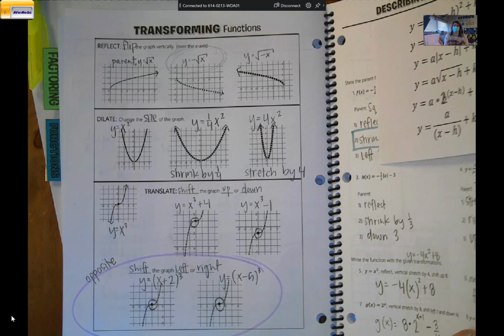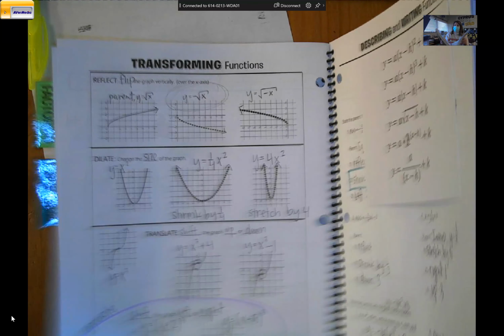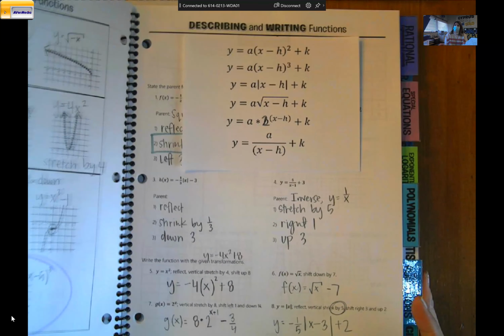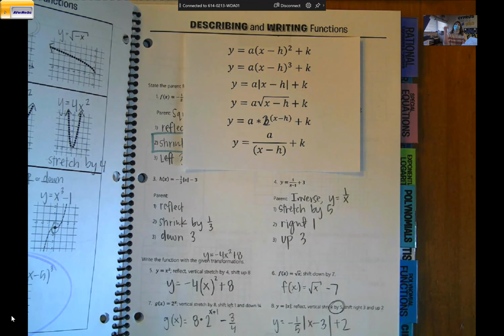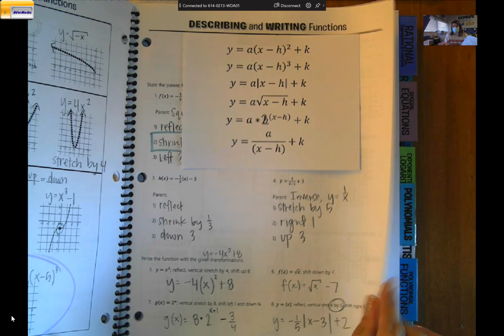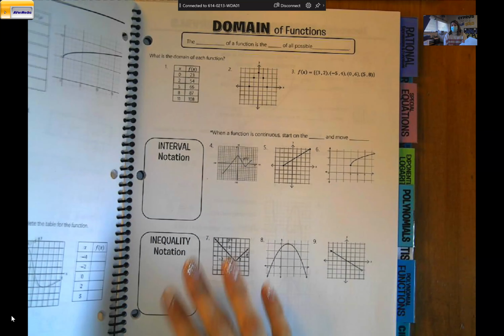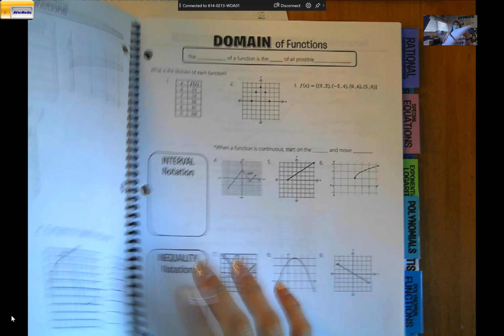Had it been shifted, had the size been changed, had we reflected it, and then we talked about vertex form. So we went from evaluating functions to graphing functions, and now we're going to talk about the domain of a function or the domain of a graph.